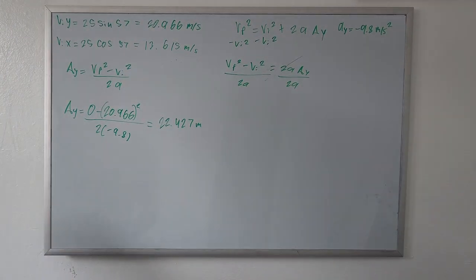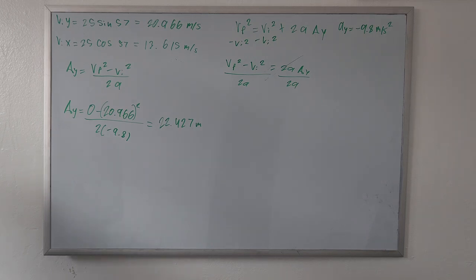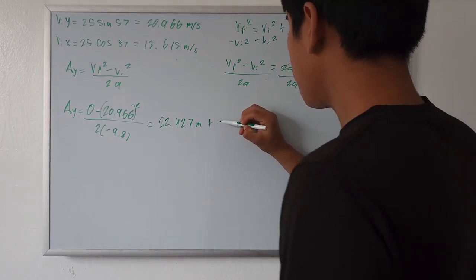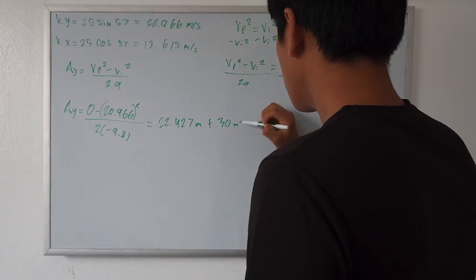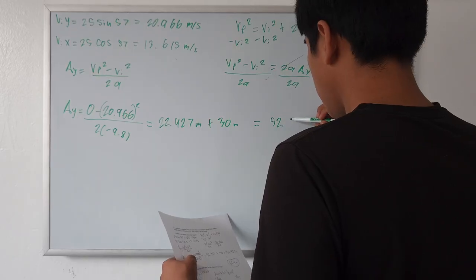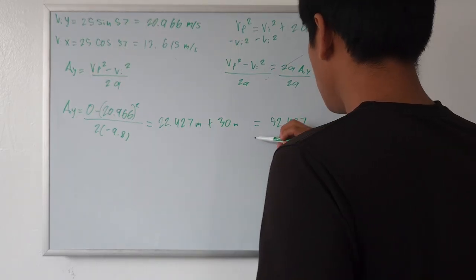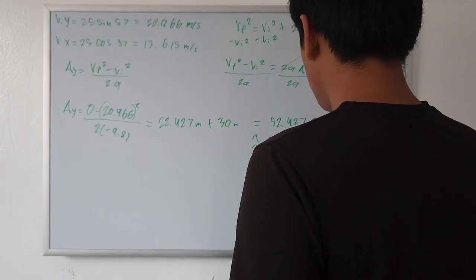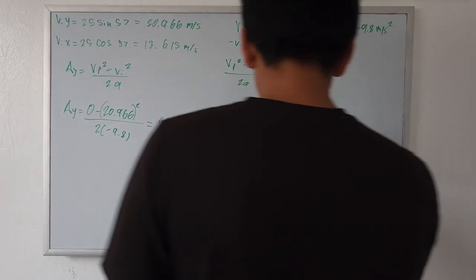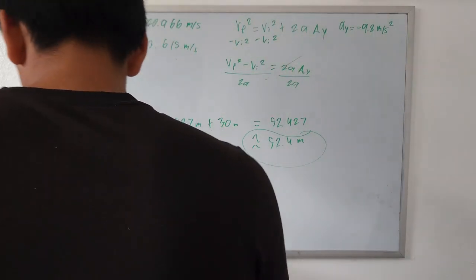But it's asking for the maximum height, and it tells us in the beginning that it is already 30 meters above ground level. So to this, we're going to add 30. Your final answer should be 52.427, or rounding, 52.4 meters, and that is going to be the maximum height that it reaches.